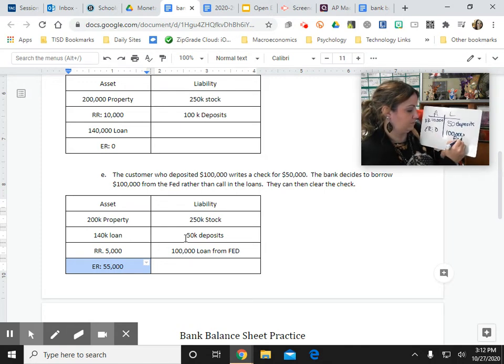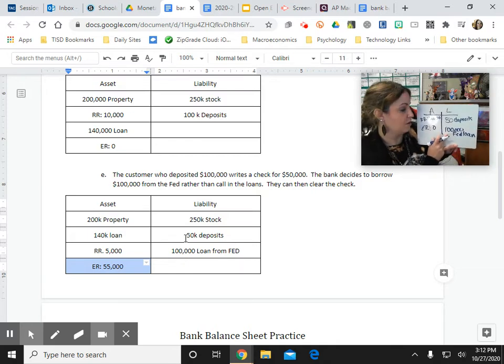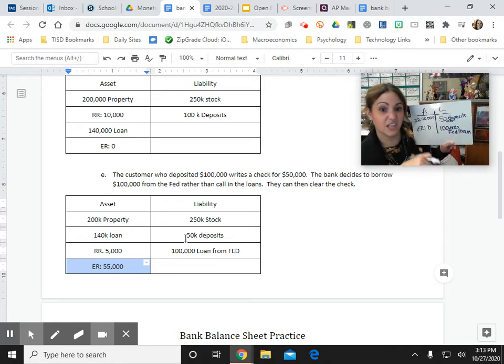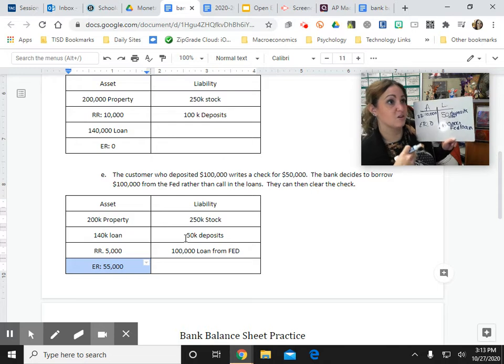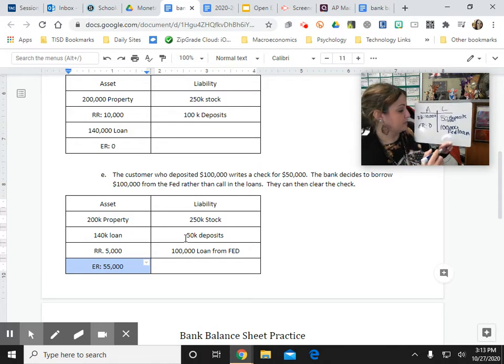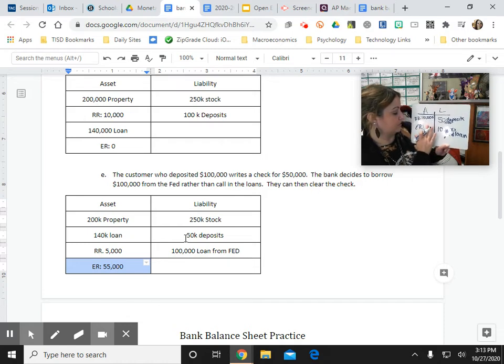Fed loan. From this $100,000, 50 of it went to this customer. Goodbye, customer, see you later. We gave you your money. We took out a $100,000 loan and gave you 50 of it, which means the rest of this Fed loan, the other 50, goes into excess reserves.